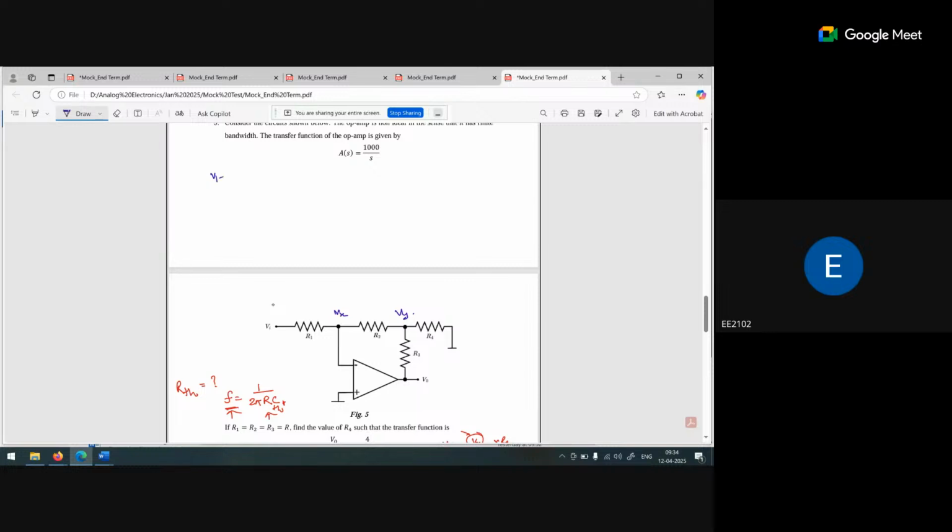Vi minus Vx upon R1 is equal to Vx minus Vy upon R2. This is the first equation. Second equation is Vx minus Vy upon R2 is equal to Vy minus V naught upon R3 plus Vy upon R4. Now Vx is 0 because of the virtual ground concept. Sorry, we are not considering the Vx as 0.